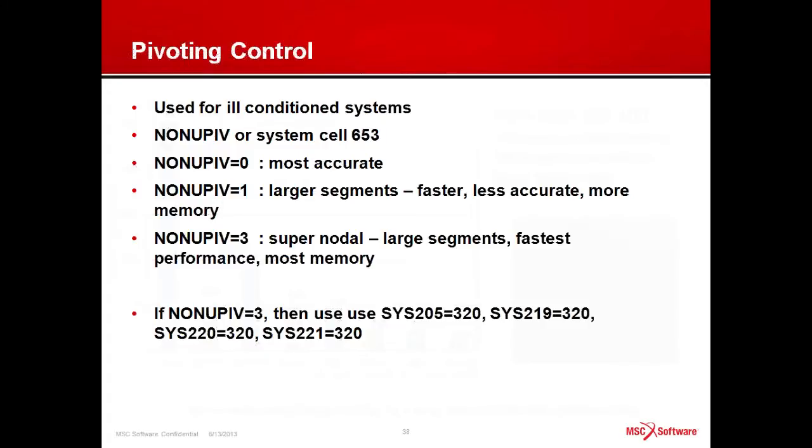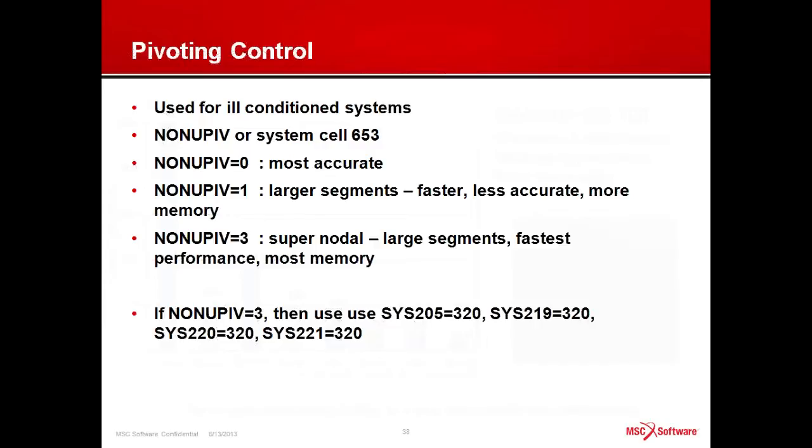There are additional ways to improve the performance. MSC Nastran, of course, is very famous for giving accurate results. And one of the ways that it ensures accuracy is by the pivoting techniques when it solves systems of equations. So that's very good when we have buckling problems which are ill-conditioned, when we have Lagrange multipliers in our system, when we have thin shells and beams.